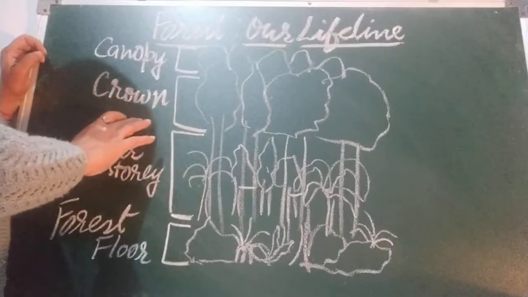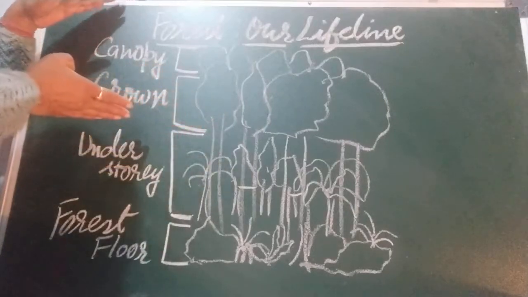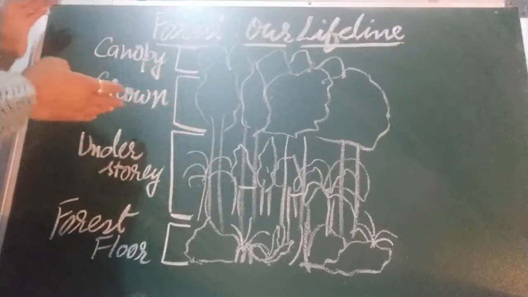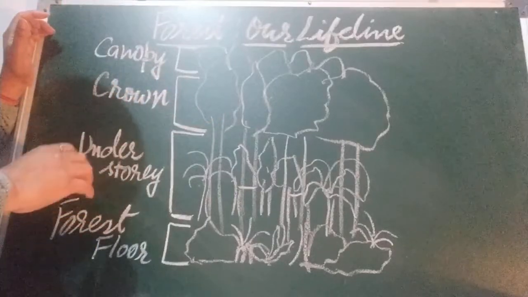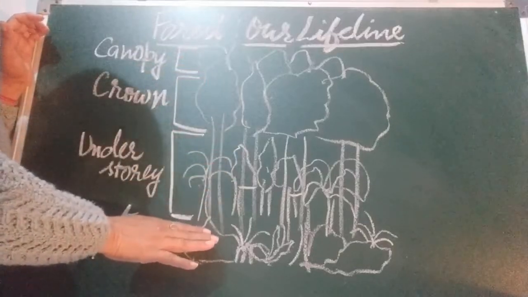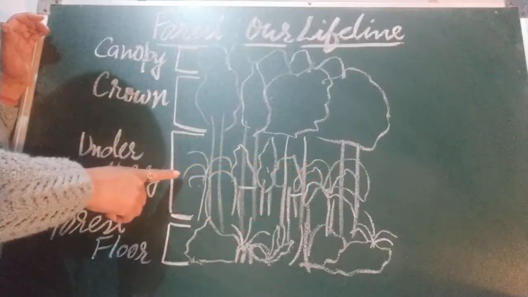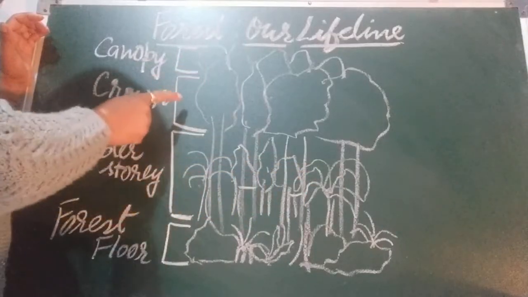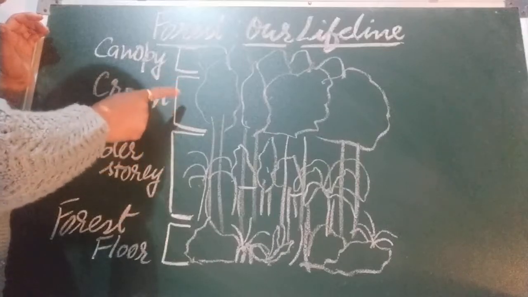These two layers, canopy and crown, are so dense that very little sunlight penetrates through and reaches the lower layer of the forest. A large variety of birds, bats, monkeys, and insects live here.